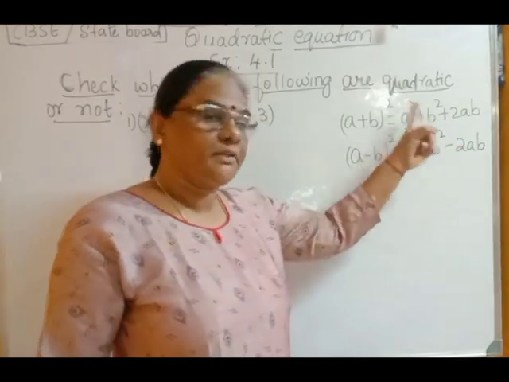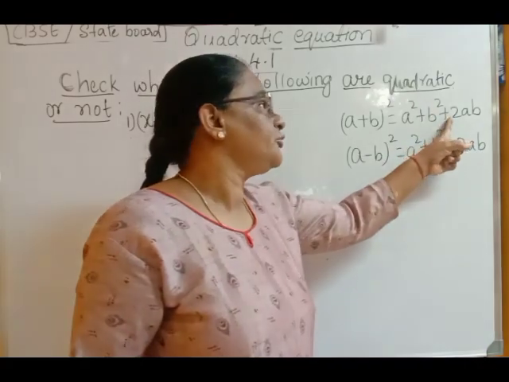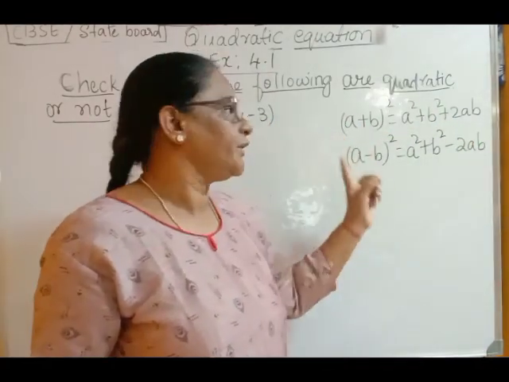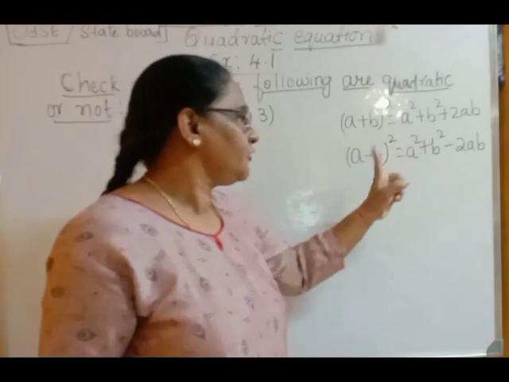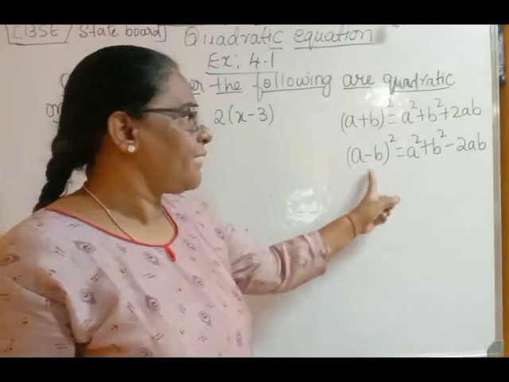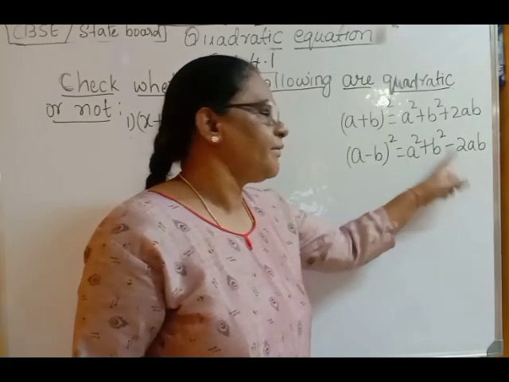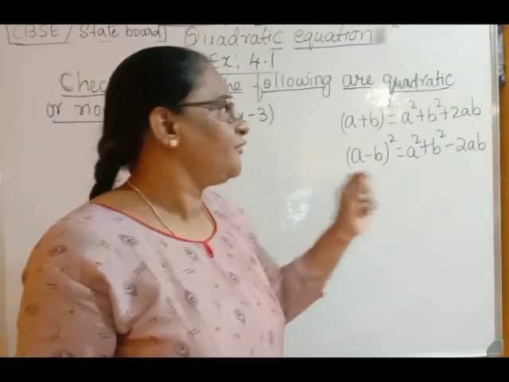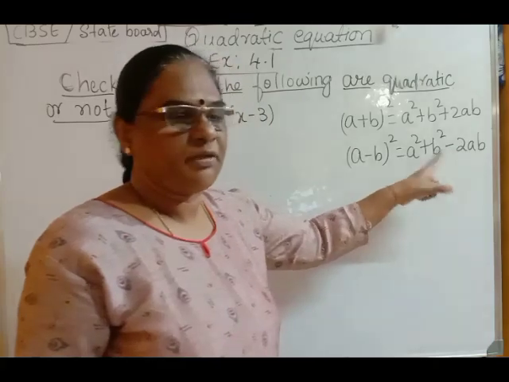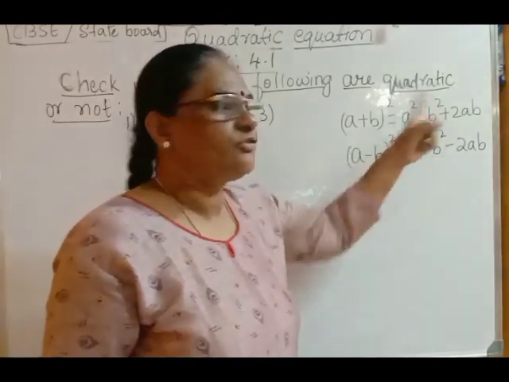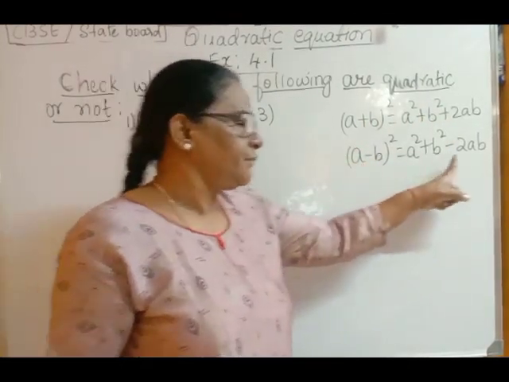A square b square plus only. For plus 2ab means this is a plus b whole square. If it is minus 2ab means minus b square. So a minus b whole square form is nothing but a square plus b square minus 2ab. Only difference here is in plus 2ab minus 2ab. Here if you have plus, write plus 2ab. Here if you have minus, write minus 2ab.